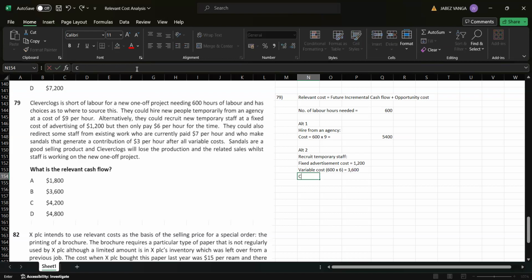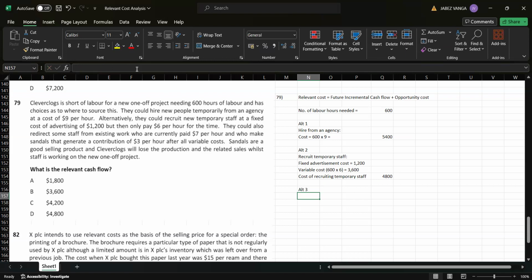So we have cost of recruiting temporary staff is equal to, we have 1,200 plus 3,600, 4,800. That's alternative 2. Then we have another alternative, alternative 3.